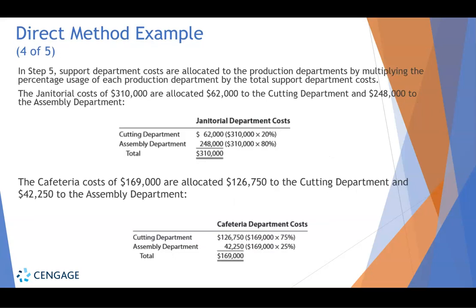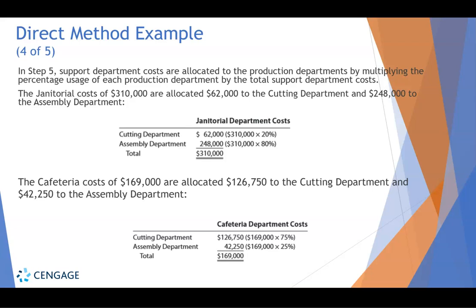So, as you see here in step 5, the support department costs are allocated to the production departments by multiplying the percentage usage of only the production departments by the total support department costs.